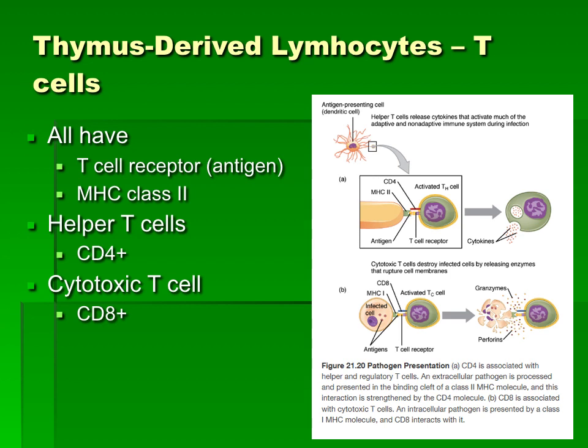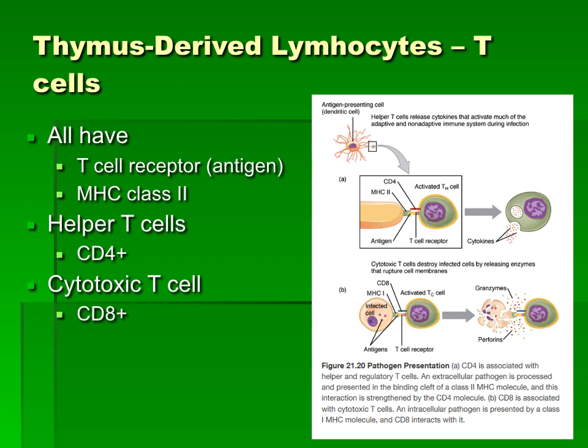So thymus-derived lymphocytes are T cells, all have this T cell receptor that binds to the antigen. They also have the MHC class II receptor, which is kind of unusual. That allows them to recognize other cells that are immune cells. And there's two big types of T cells that we talked about.